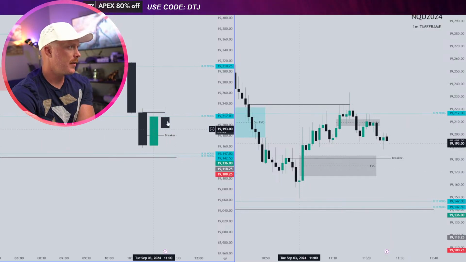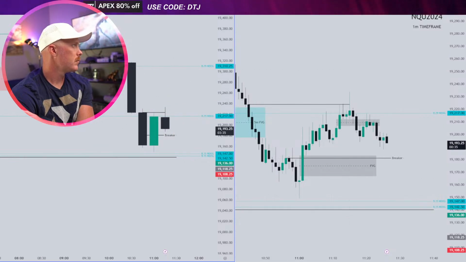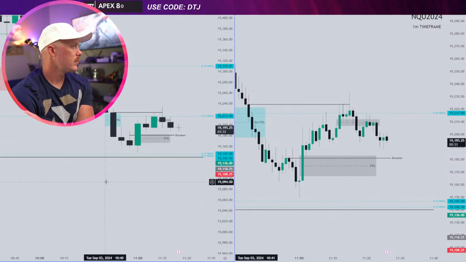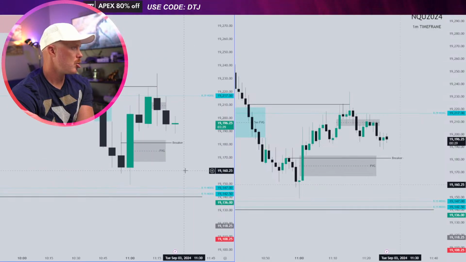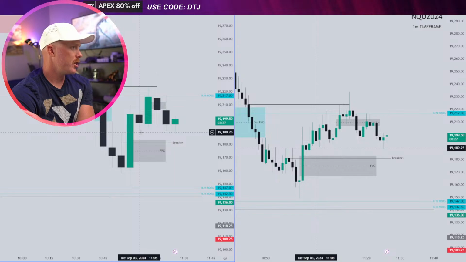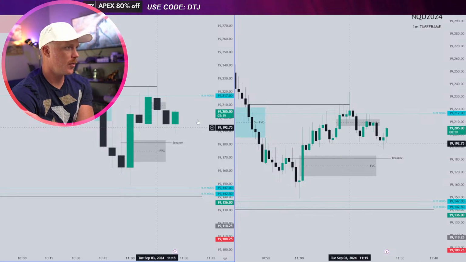We got 3 minutes left on this 15-minute candle here. On a 5-minute perspective, we did just wick this 5-minute high sitting right here, which also is the breaker.